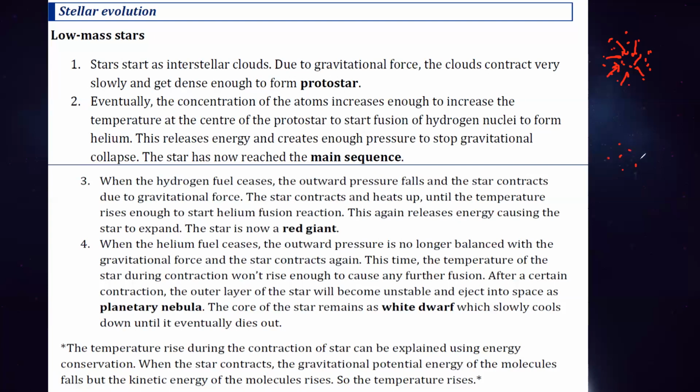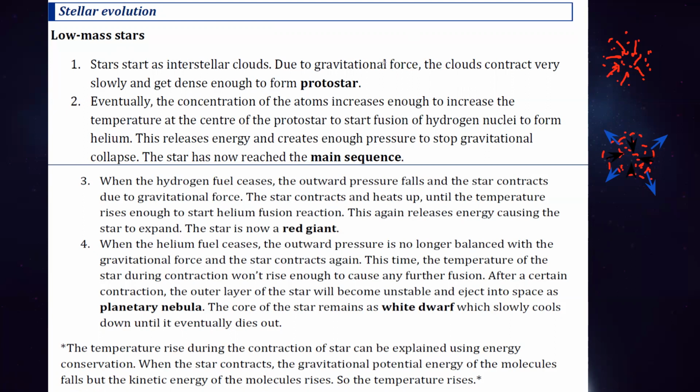As a result, when the hydrogen fusion started, the star is emitting energy. There is an outward pressure because of the radiation, and there is an inward pressure because of the gravity. That is balanced. We have a main sequence star.